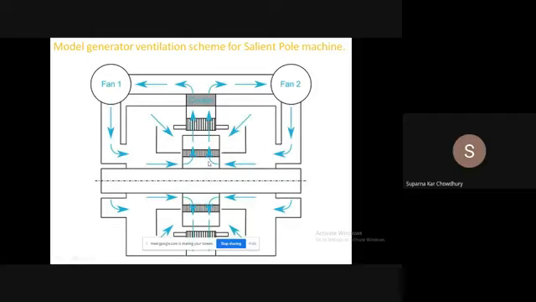But in the case of a turbo alternator, the power output per unit volume is high, and the surface area available for dissipating that high loss, due to this high rating, is not sufficient. So forced ventilation must be there.